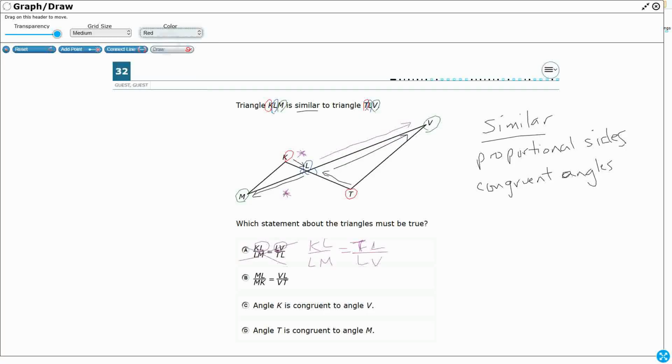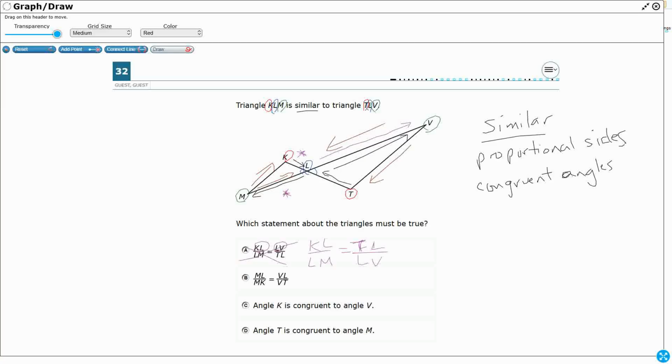All right, let's change to a different color. Let's go back to red here. ML, all right, so we're going to go backwards. ML to MK. So I would expect ML to go with that LV. VL, okay. So VL, that looks good so far. And then VT.